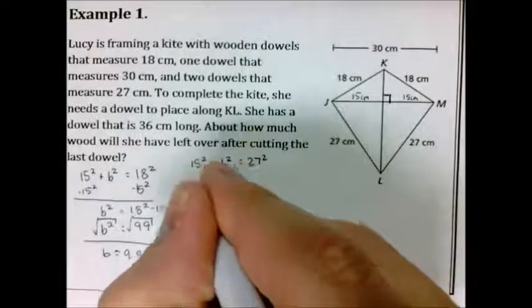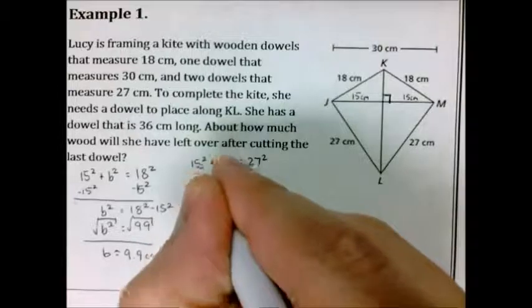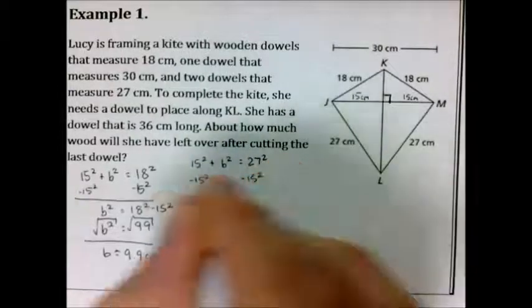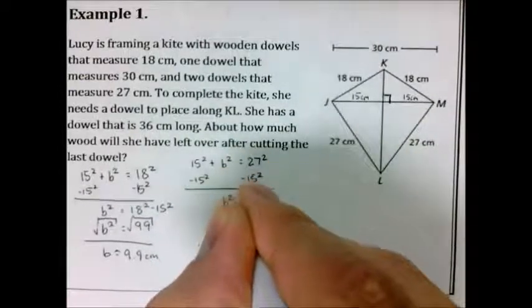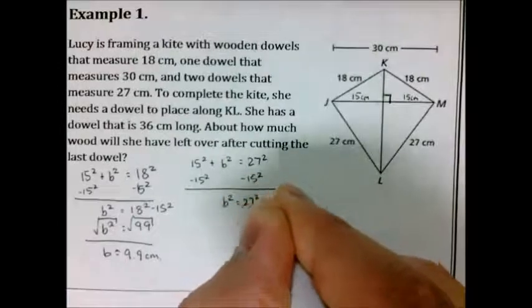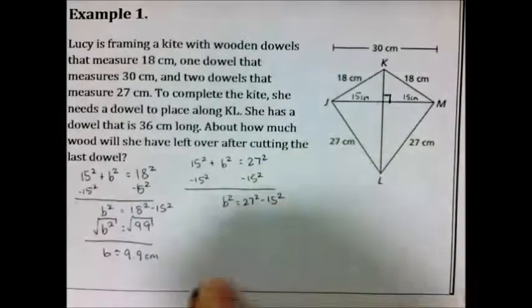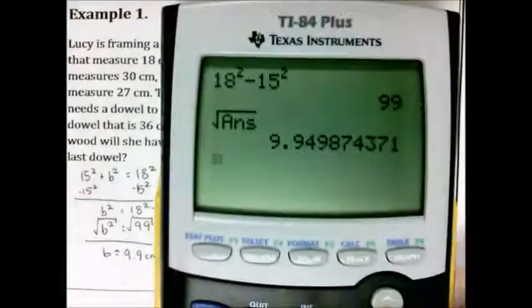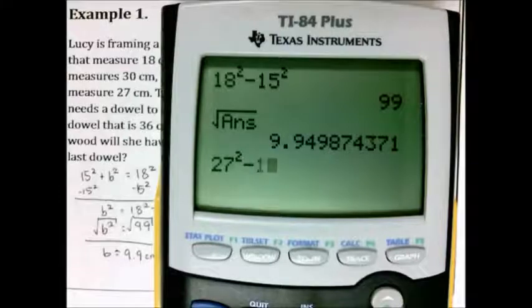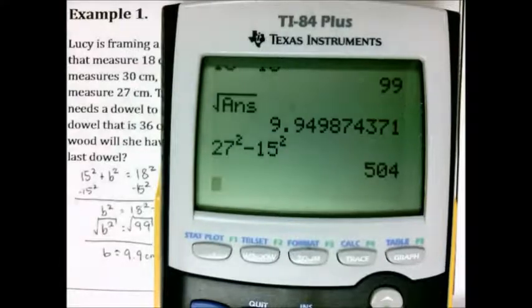We'll subtract 15 squared from both sides. And we get b squared is equal to 27 squared minus 15 squared, which, again, I don't know what that is. So 27 squared minus 15 squared is 504.